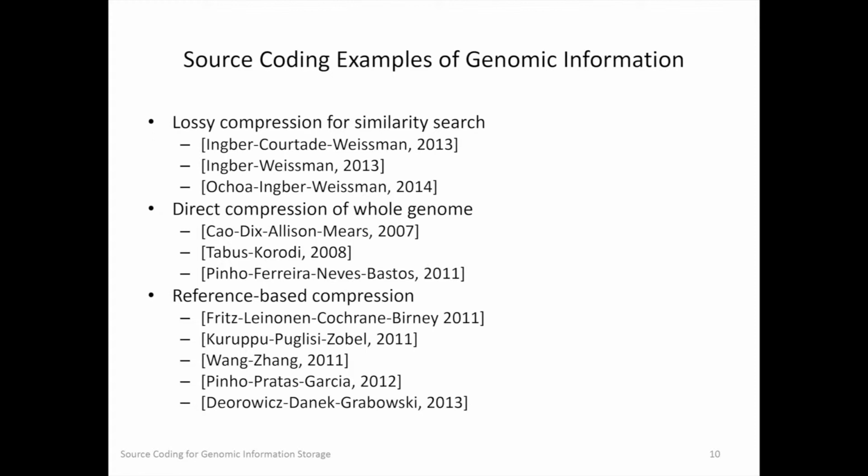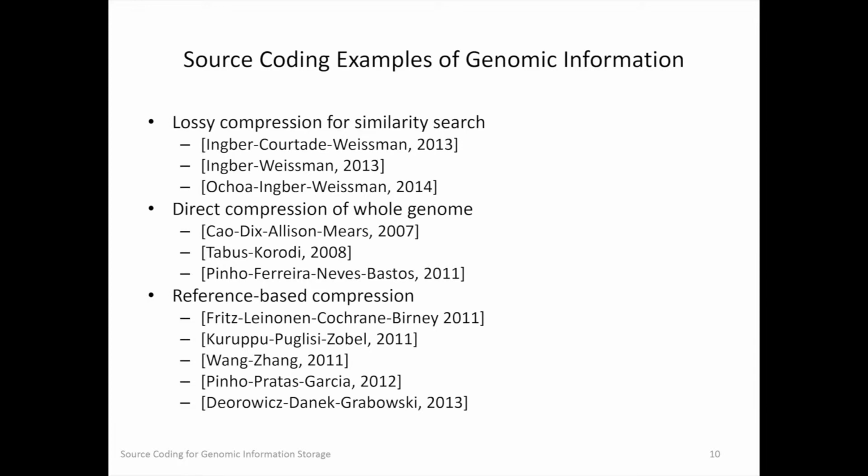Of course, source coding has been considered for genomic information storage, and there are quite a few works. Here we only list a few examples. For lossy compression, people have considered how to compress a very large database into a tiny one so that it can serve similarity search. For compression of whole genome sequences, the ATGCs, people have considered direct compression algorithms and also reference-based algorithms.